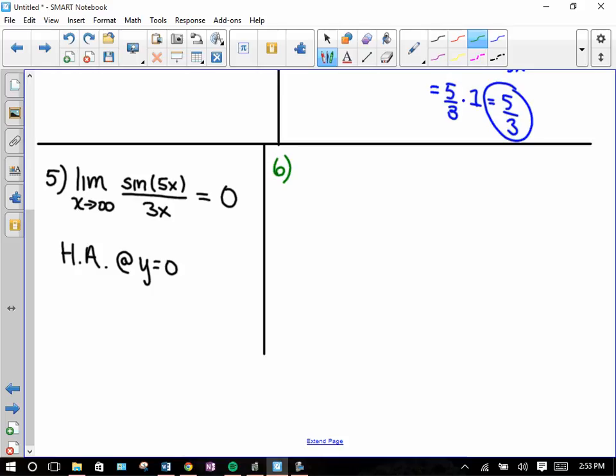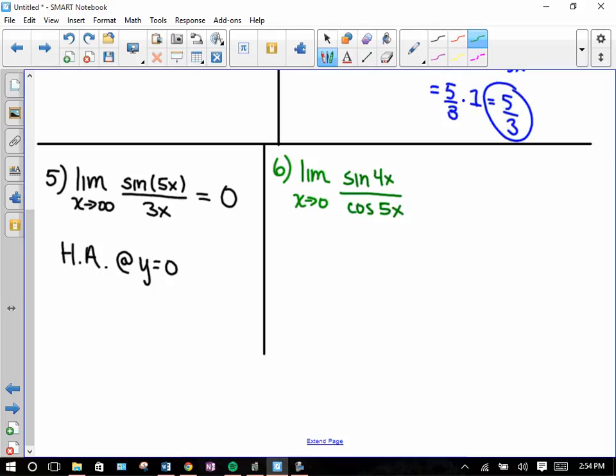Number 6 says the limit as x approaches 0 of sine of 4x divided by cosine 5x.